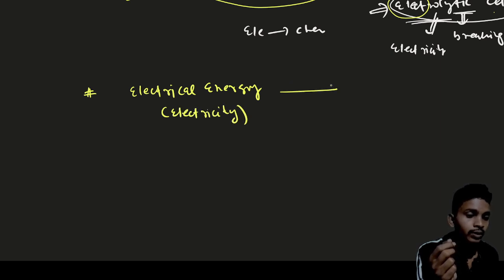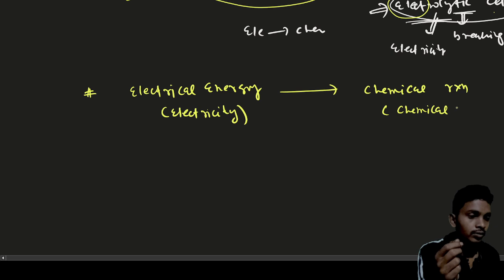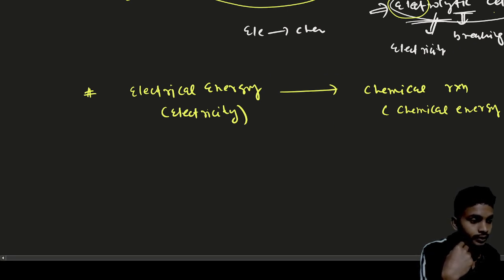With that, how do we produce the chemical reactions or chemical energy? For this, what we are studying is the electrolytic cell.